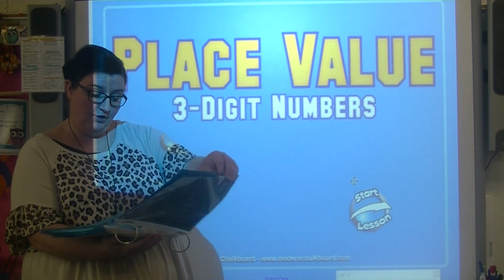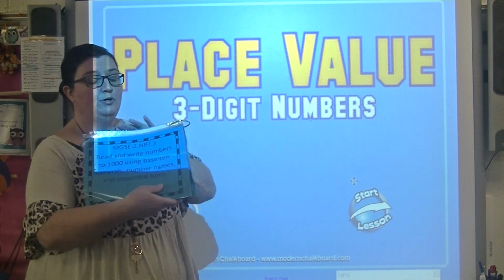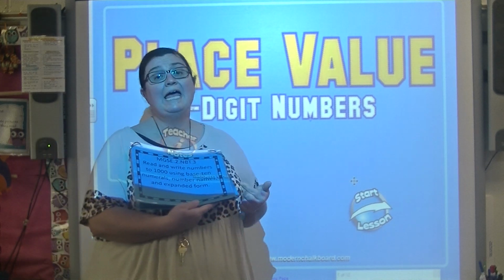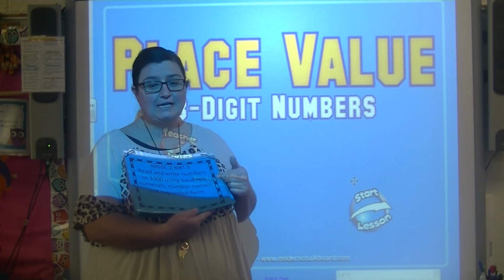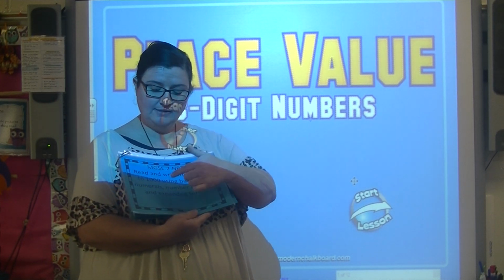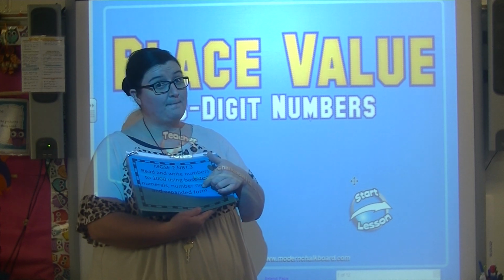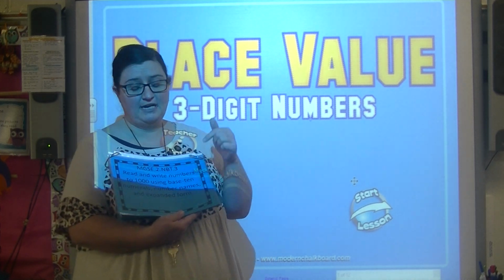And you're also going to be able to read and write numbers to 1,000 using base 10 blocks, numerals, number names, and expanded form.